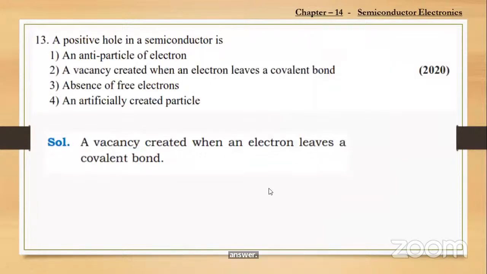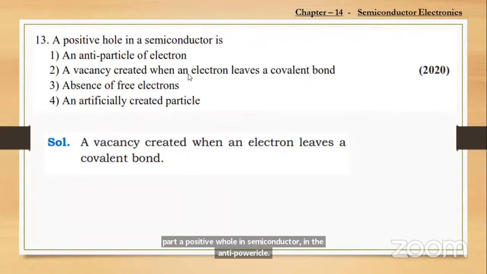Next one: a positive hole in a semiconductor. A positive hole in a semiconductor represents what? An antiparticle of an electron?